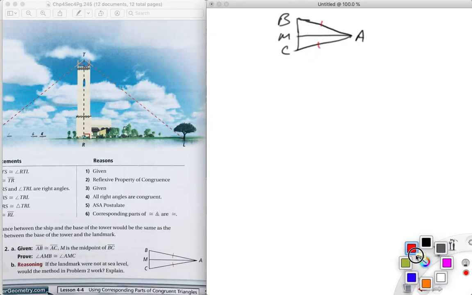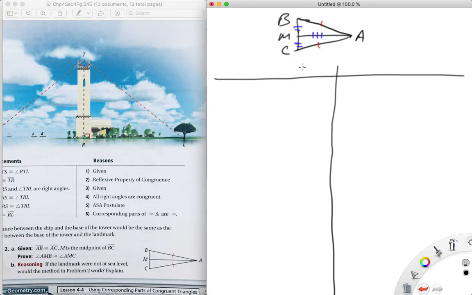So since I know that M is the midpoint, then I can say that these two guys are congruent. And then I can say that this guy is congruent to itself, so both of these two triangles are congruent because of side, side, side. And then any corresponding parts are the same, in this case AMB and AMC. So that's the thought process for this proof. That's like a 4 or 5 step proof.